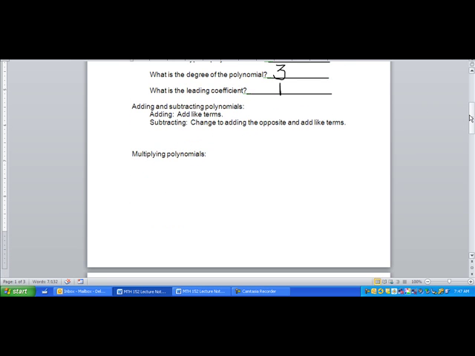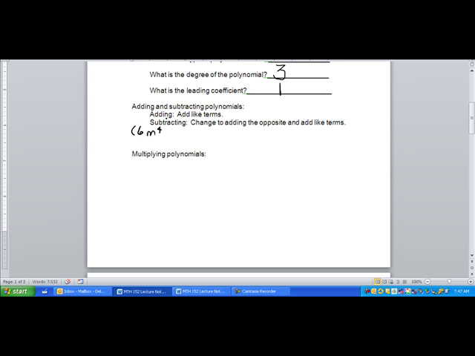Now we're going to start performing operations on polynomials, and the first thing they have us do is add and subtract, and I'm just going to look at an example.